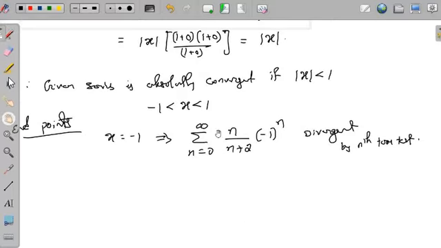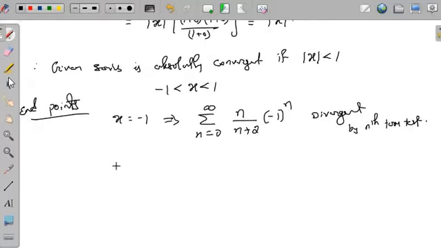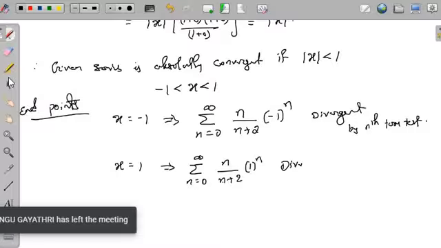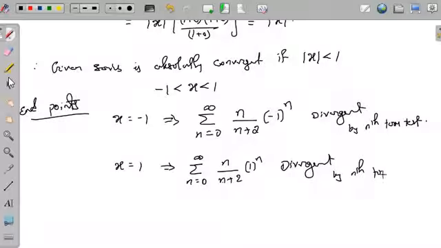Okay, so the other one is given at x equal to 1. That is summation n equals 0 to infinity of n over n plus 2 times 1 to the power n. This is also divergent by the nth term test.